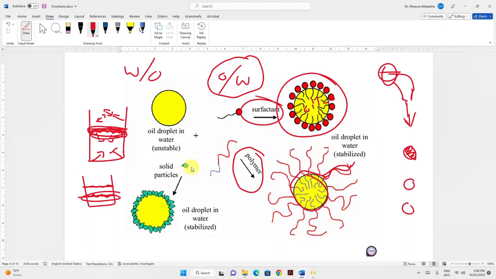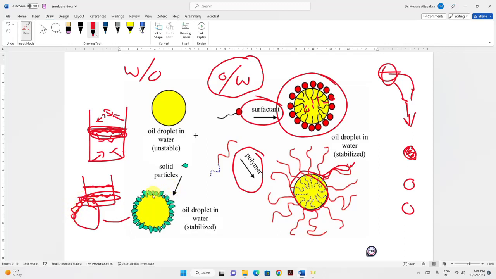Here we have some solid particles. Okay, they are very fine solid particles, and they surround the globules, protecting and stabilizing them. So you have protection here from the globules coalescing with other globules. How is it protected?